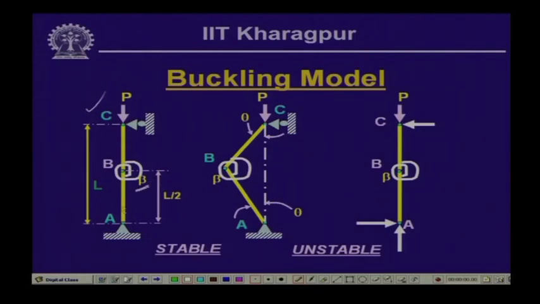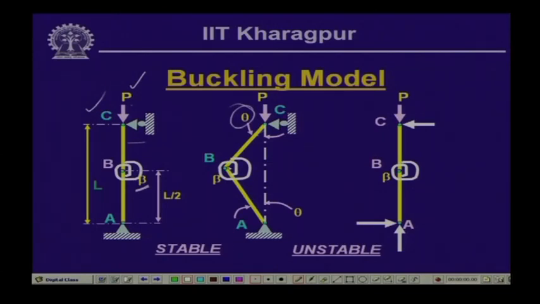When the members AB and BC are concentric and subjected to a load P, it will be in a stable form. Now, if we add a little disturbance to the member, then the point will move, and the member will undergo a rotation called theta, which we presume to be a small deformation.